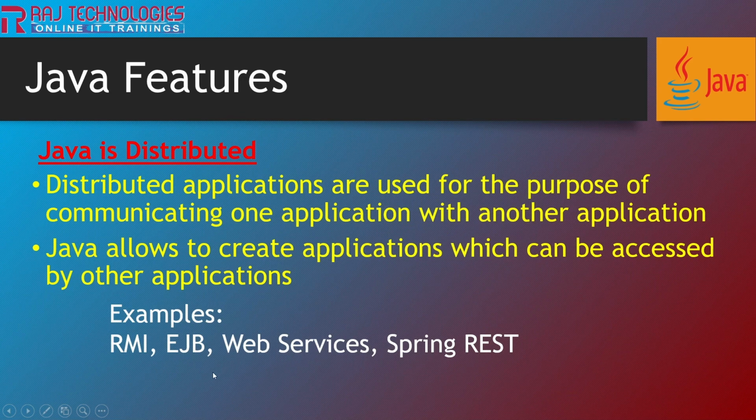RMI, EJB, all these things are outdated nowadays. So these are the important features of Java: Java is simple, object oriented, robust, platform independent, secure, portable, interpreted, dynamic, automatic garbage collection, distributed, multi-threaded.